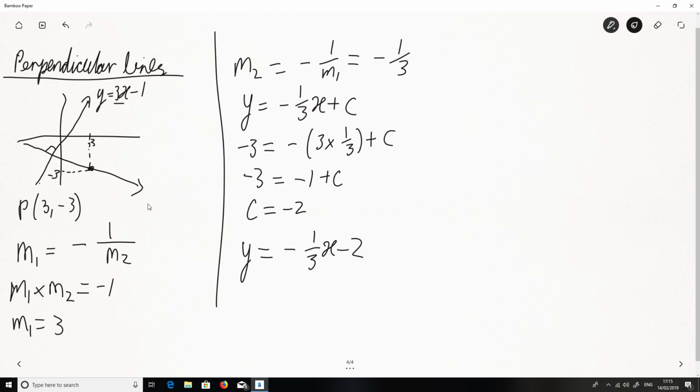So yeah, those are 3 methods of finding the equation of a line. The most difficult one, in my opinion, is from 2 points because you've got to remember the gradient equation. Whereas for parallel and perpendicular lines, for parallel you can just take the gradient from the other line. For perpendicular, you just do minus 1 over that gradient and then solve for c.